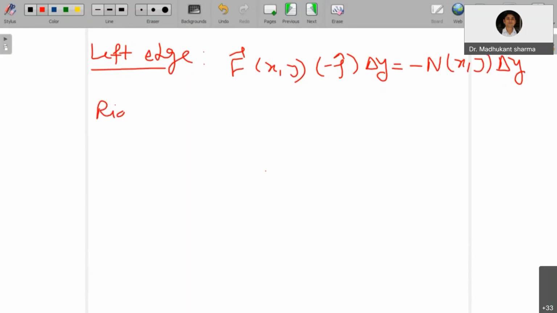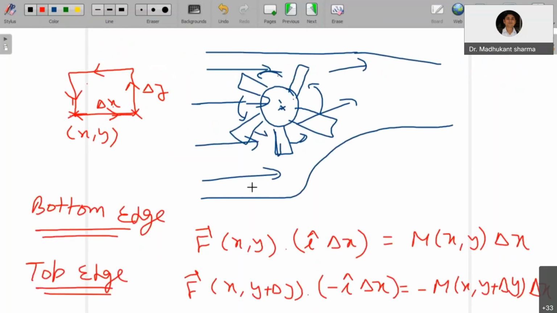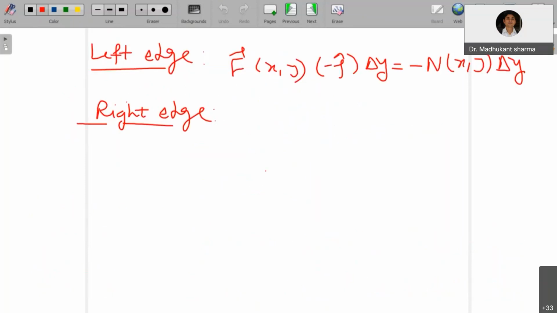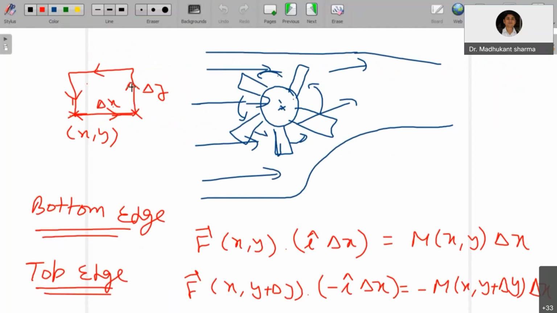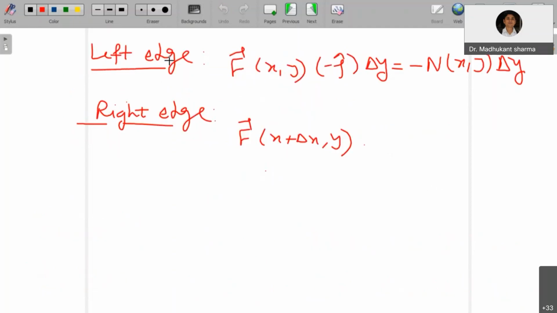Similarly, the rate of flow along the right edge is the velocity field at x plus delta x comma y, in the positive j direction with length delta y, which is going to be N of x plus delta x comma y delta y.